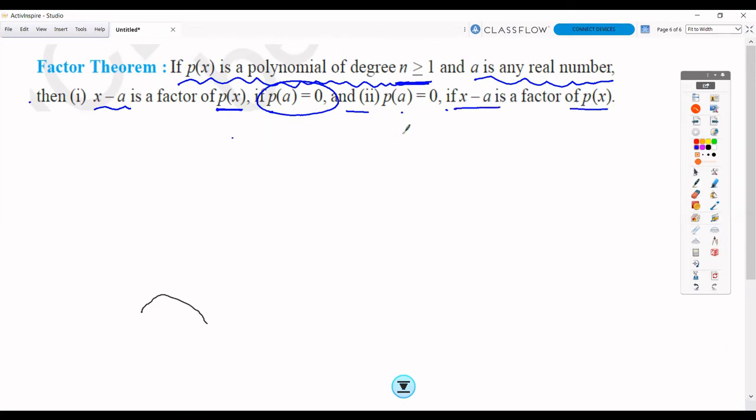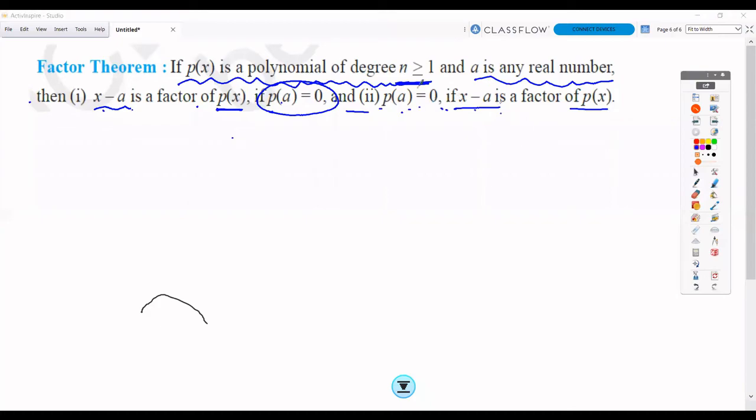So here they have given the same remainder theorem, but they added the remainder theorem with the factor theorem. They said x minus a will be called a factor if p(a) is equal to 0, and if p(a) is equal to 0, x minus a is the factor of p(x).